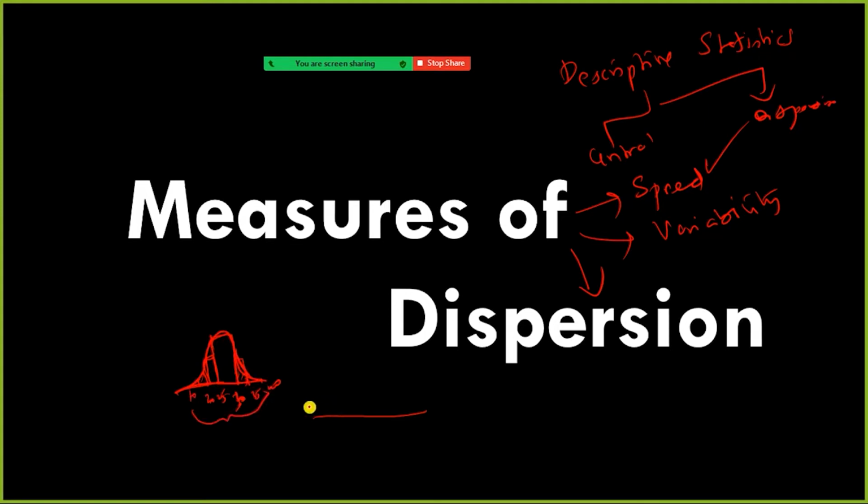Let's say I have another data set. When I plotted it, it looks something like this. I'll put another data set. This data set's spread is a little bit wider than this one, and I have another data set whose spread is something like this.